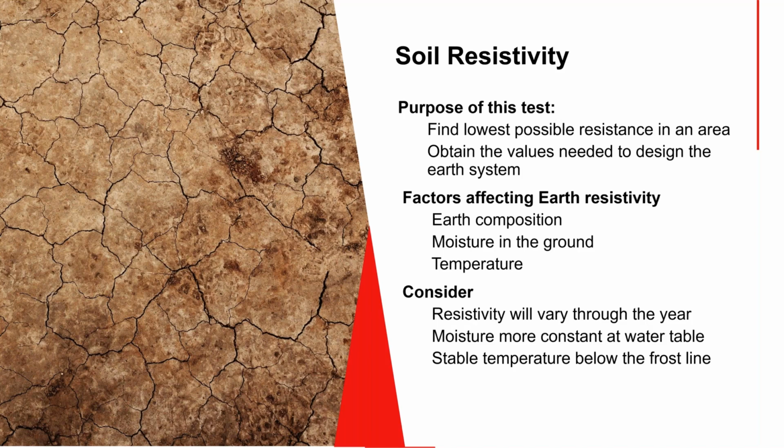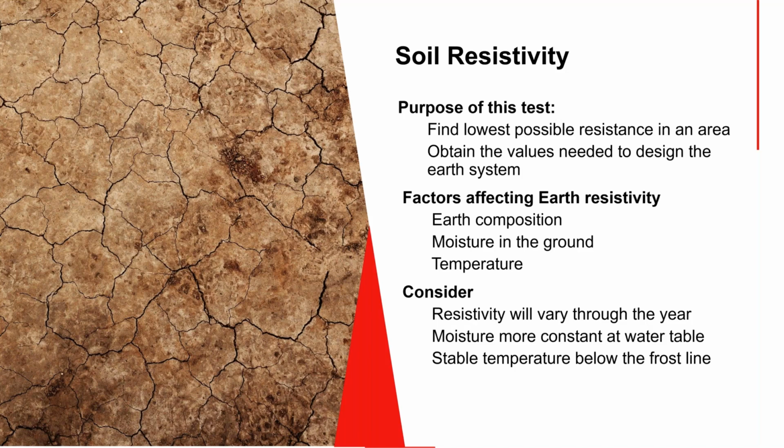It depends enormously, first of all, on earth composition, and then also on things like moisture and temperature. So you'll find that resistivity varies from down around 100 ohm centimeters up to nearly 1,000,000. So that's an enormous range in which different types of soils will fall depending on how well they can conduct electricity.